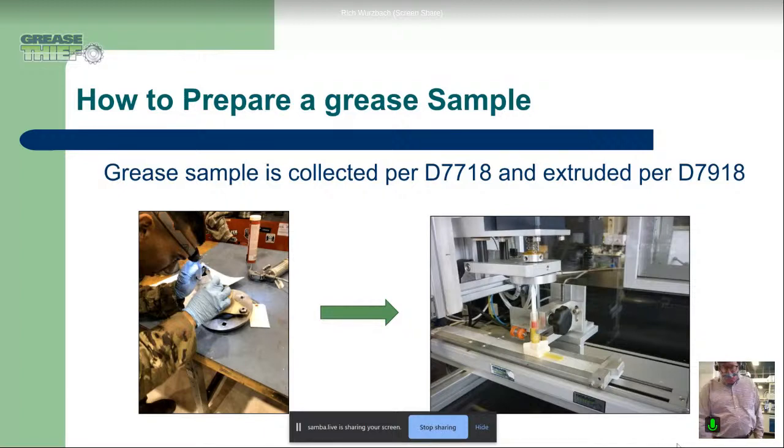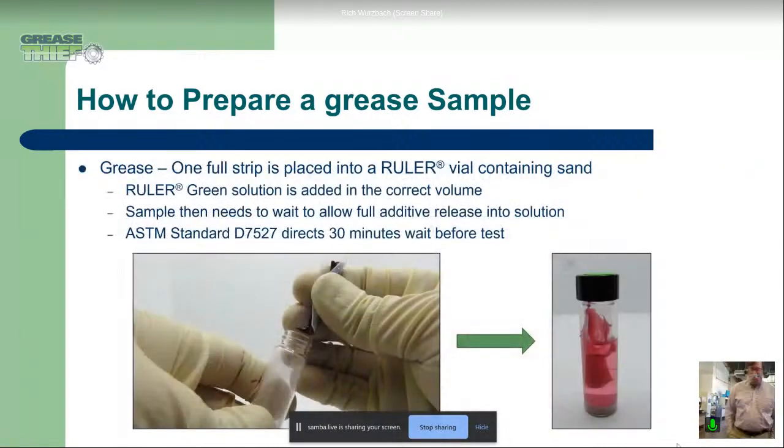And you're going to see that's what we're going to use to do the grease RULER analysis. That strip is separated into different sections, and they are designed so that if we get a nice smooth extraction of the grease, a nice smooth extrusion of the grease through the sizing of the exit slot, it will create a length of grease and width that creates about 0.25 grams of grease.